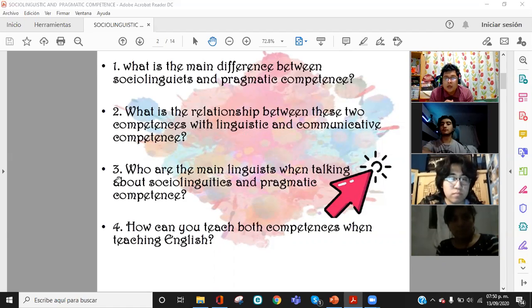Okay, and also we have pragmatic competence. This is more difficult because we have to have a big amount of knowledge to understand it. We need to understand the culture, the environment, as well as all the experiences that the country or the person has lived so far. We can explain this with an example.